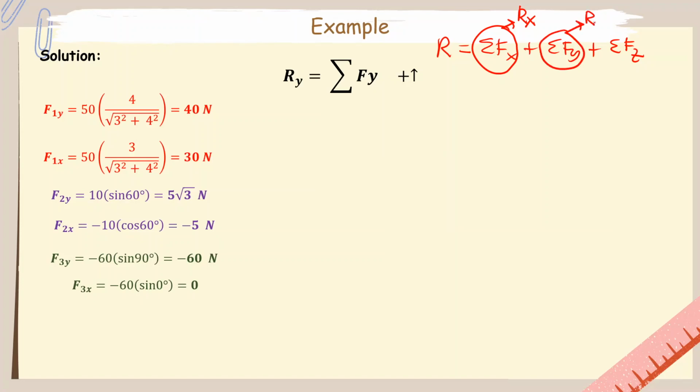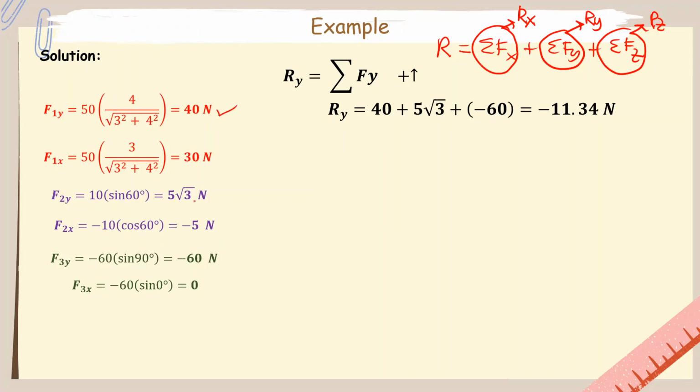This is the y component of the resultant. This is the z component of the resultant. So, unahin muna natin si Ry. So, i-add lang natin lahat ng mga Fy. So, ang lalabas, negative 11.34 Newton. So, ano yung mga Ry? Fy, ito, at saka ito.